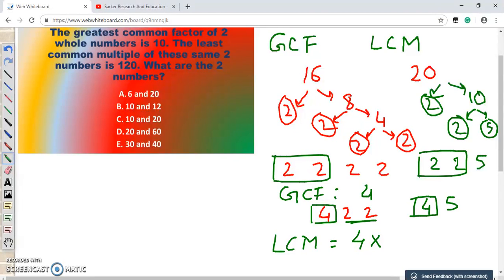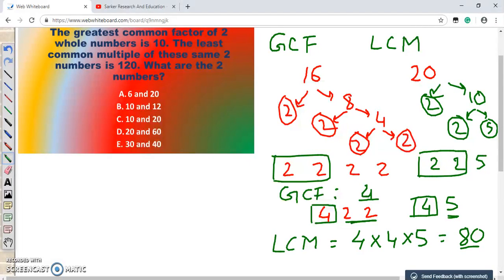So 2 times 2 is left for 16 and the 5 is left for 20. So this will be 4 times 4 times 5. You can do either 4 times 4 is 16 and 16 times 5 is 80, or you can do 4 times 5 is 20, 20 times 4 is 80. So we found the LCM as 80 and GCF as 4 for these two numbers.